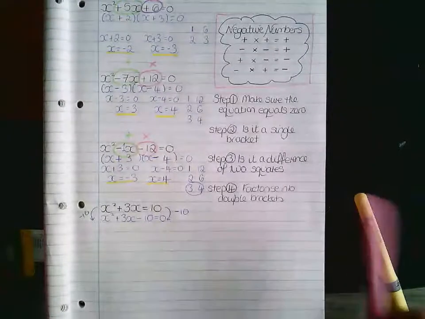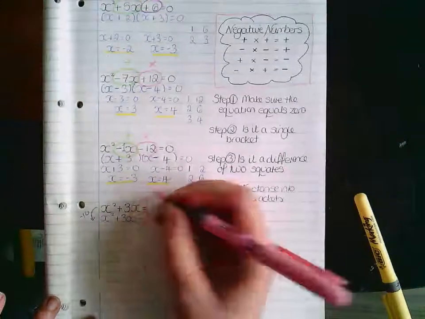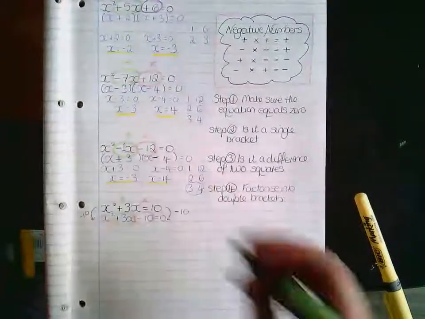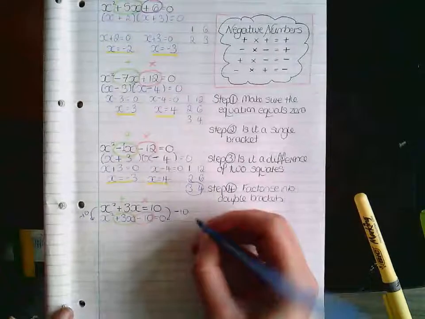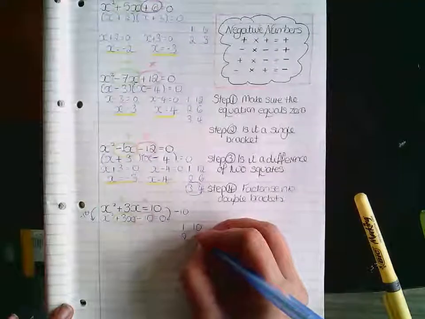Now I will follow my same procedure. Multiply to make this number, add to make this one. Right, numbers that multiply to make 10 are 1 and 10, 2 and 5.